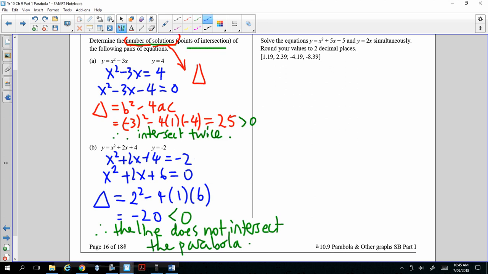Solve them simultaneously. Okay, so make them equal. Okay, have a try. So make them equal. x squared plus 5x minus 5 equal to 2x. And then move all terms to the left.